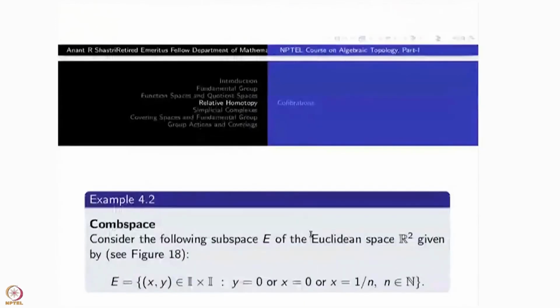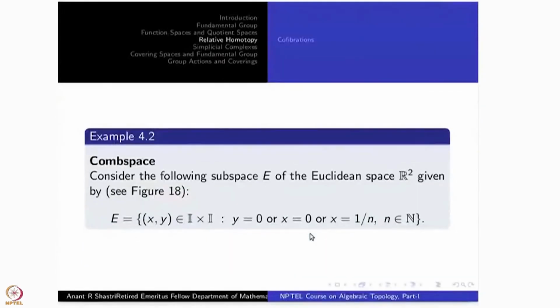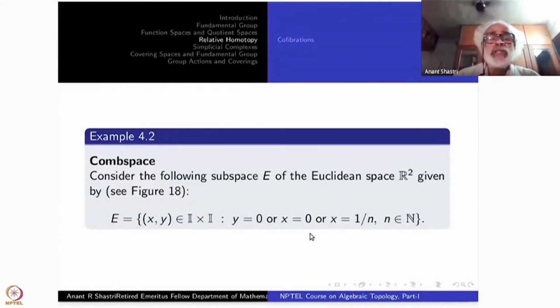So, the comb space is an example, just to warn you that you have to be careful with the definitions here. So what is this comb space? It is a subspace of I cross I, the square, consisting of either y is 0, that means the x-axis, or x is 0, the y-axis, or x is 1 by n, where y could be anything: 1, 1 by 2, 1 by 3, 1 by 4, and so on.